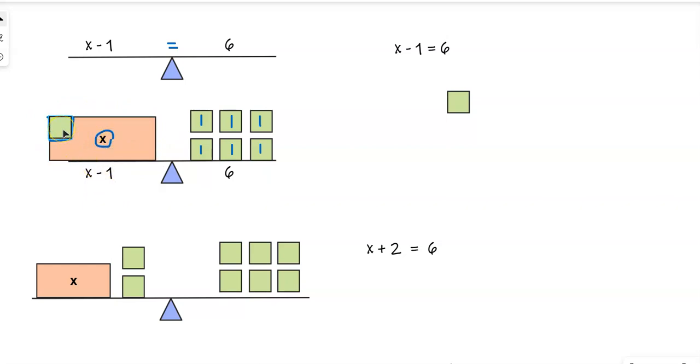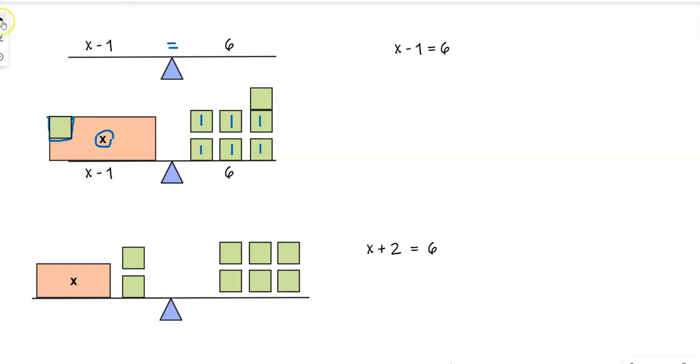We give 1 unit back to it, so we have completed the 1 whole x on one side, and we have to keep this scale in balance, which means we have to put 1 unit on the right side also. So now we again have the scale in balance.